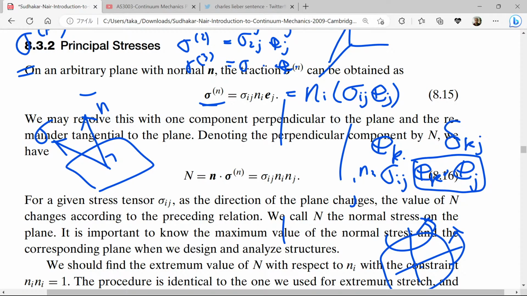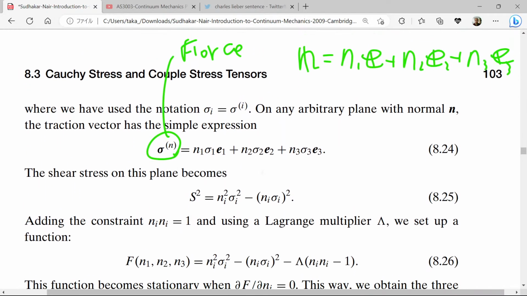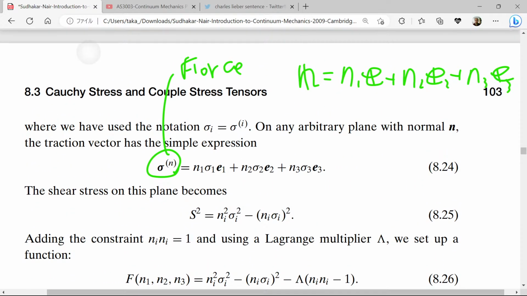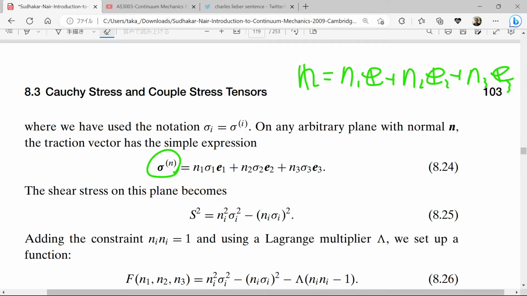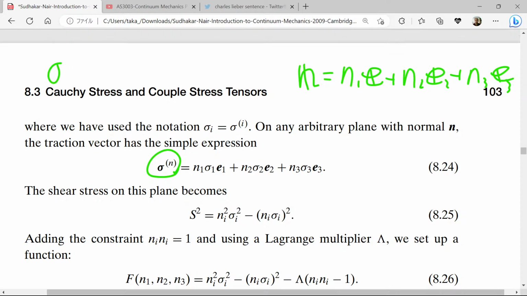Okay, sigma ij ej. Whatever n is, sigma ij ej and there is ni.